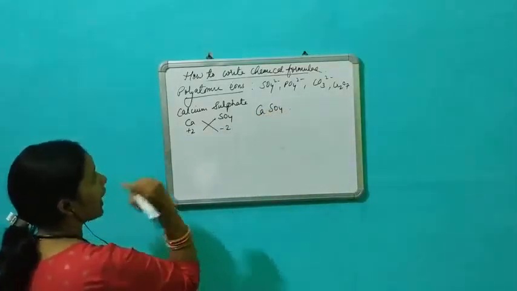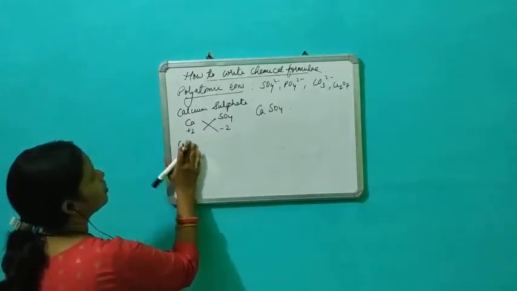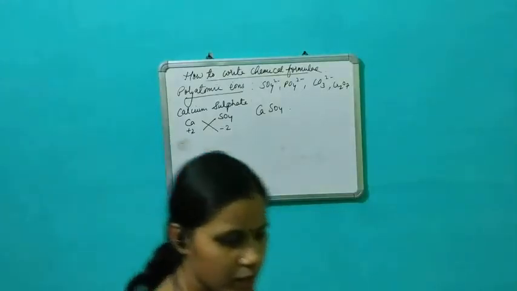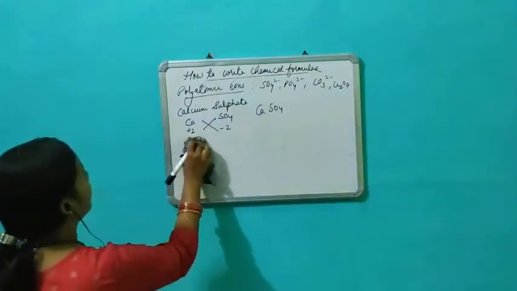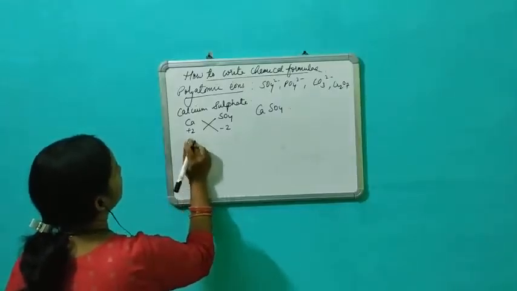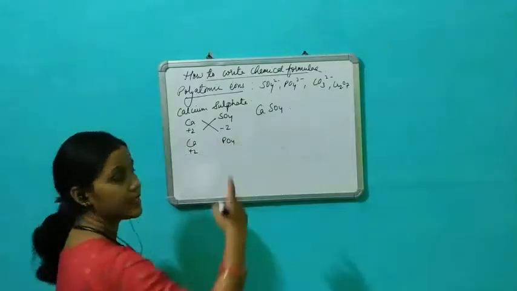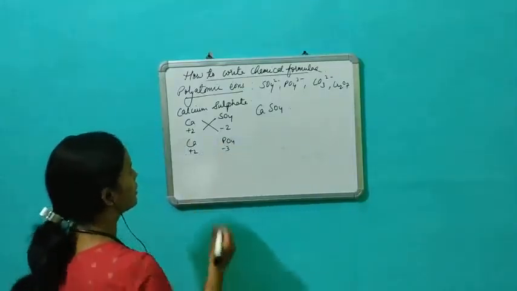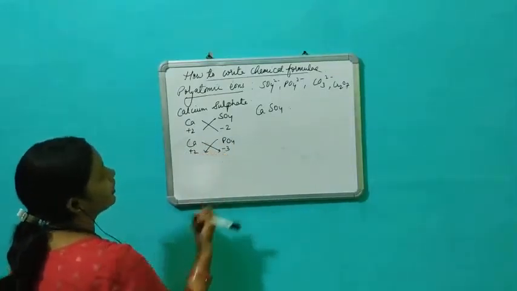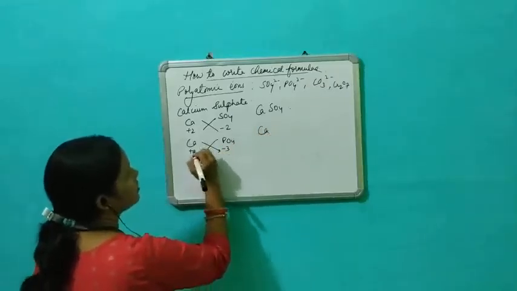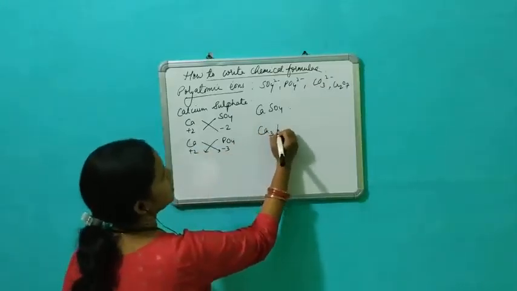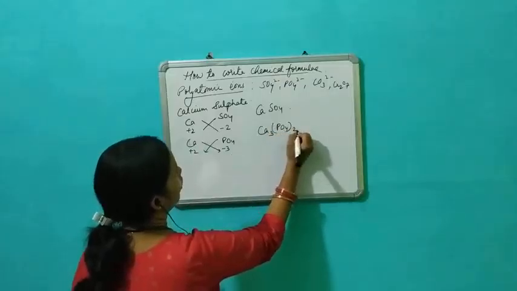Then calcium phosphate. Calcium is again Ca +2 and phosphate is PO4, and you can see the charge is 3 minus. So when you crisscross, what do we get? We get Ca3, and phosphate is PO4 whole 2.